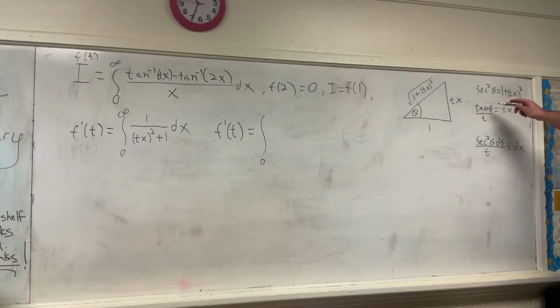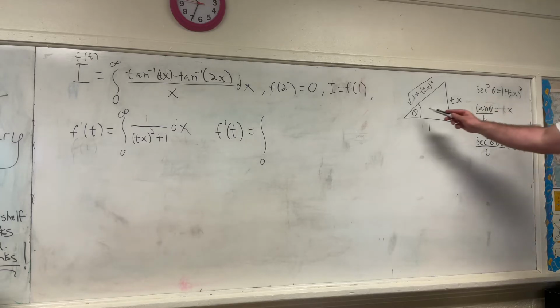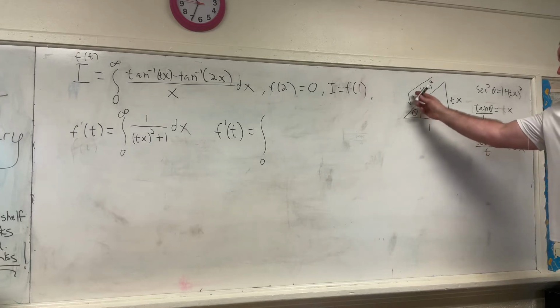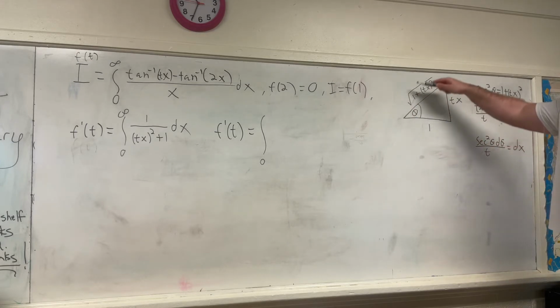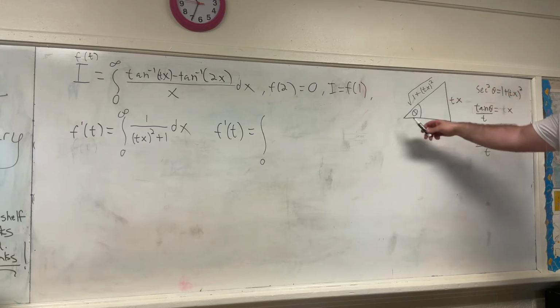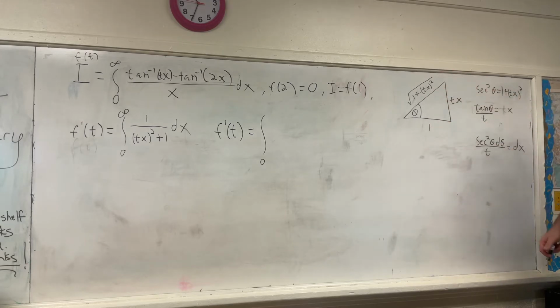If we plug in infinity for x, we multiply both sides by t, and we still have tangent theta equals infinity. Tangent pi over 2 is equal to infinity, because it would be some positive value over some value that's approaching 0.